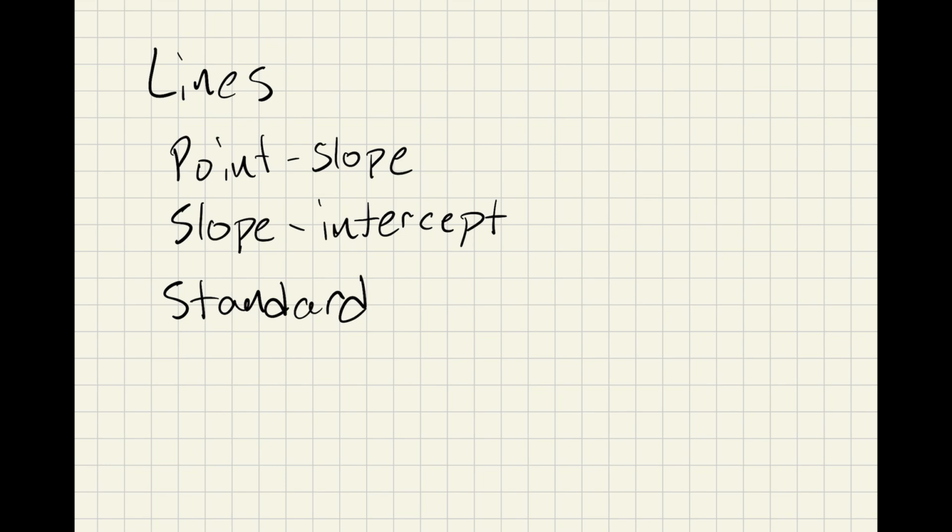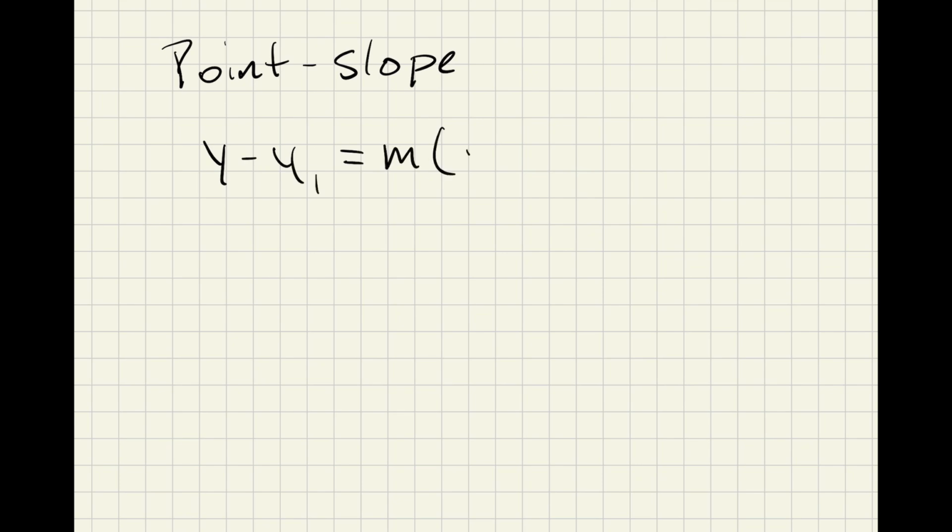So let's go ahead and first start with the point slope form. The point slope form has a general formula of y minus y1 is equal to m times x minus x1. So we use this form when we have the slope and any point on the line.